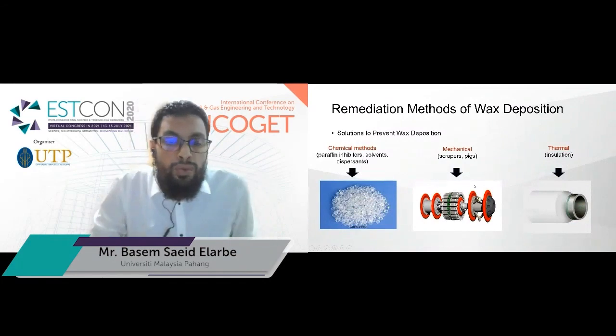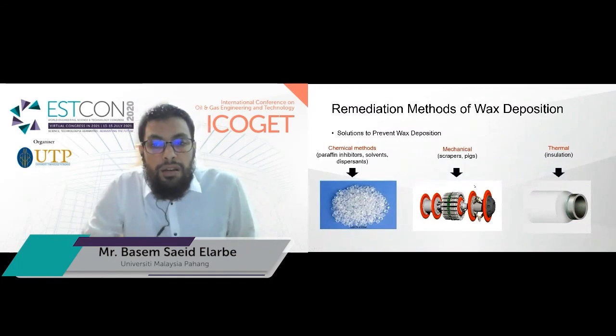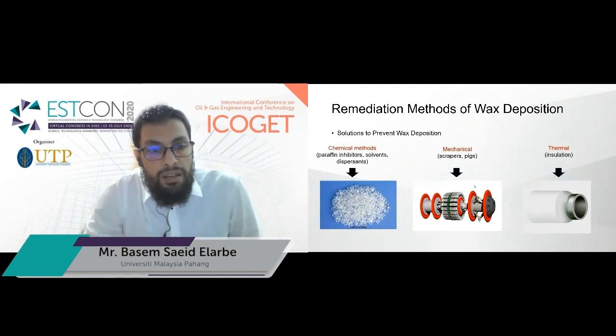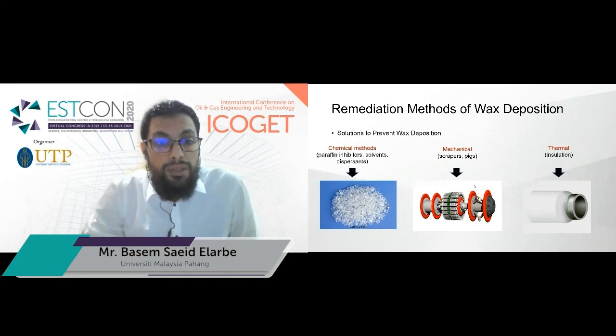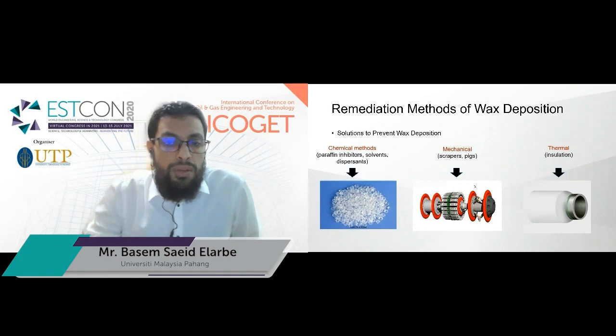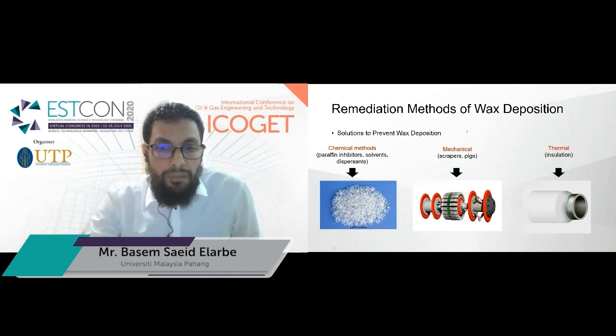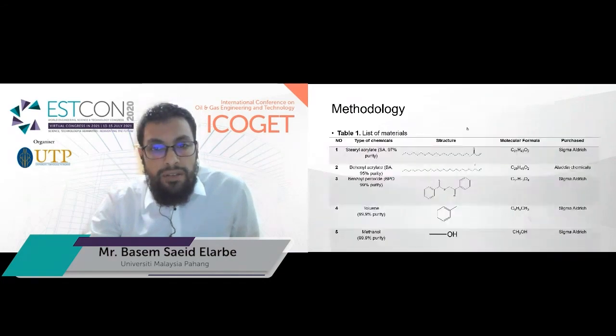To overcome this issue, there are three remediation methods of wax deposition: chemical, mechanical, and thermal. The thermal and mechanical are so expensive and need the production to stop, while the chemical method does not need the production to stop, and it's cheaper than the others.